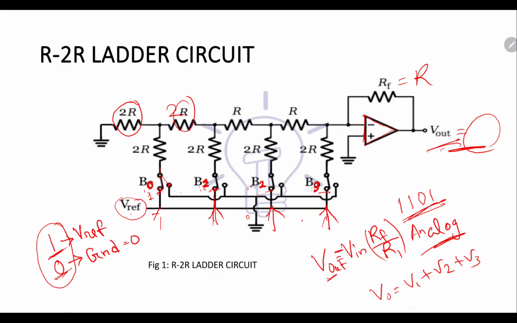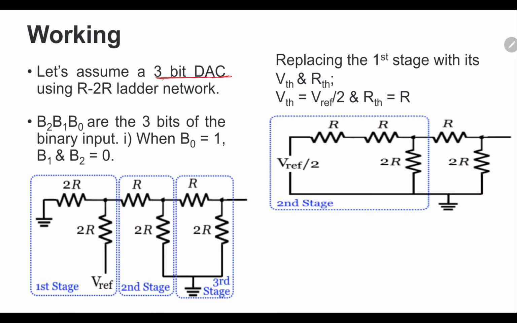So when I am using 3 bits, this 2R structure will be there, then this R, 2R, and like this it will continue for the 3 stages that I have shown here: the first stage, second stage and third stage. This is the equivalent circuit you can say, and we have to find the values.